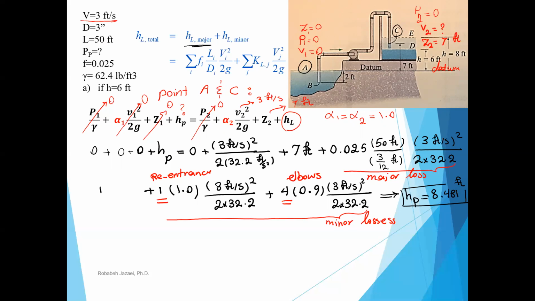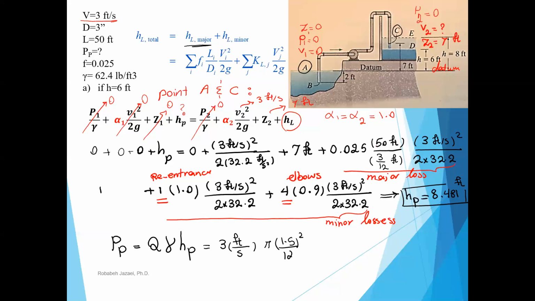What the question asked was power for pump. So I'm going to find the power for pump, which is Q gamma head for pump. I know the velocity, but I don't know the flow rate. Anytime I need flow rate, I just need to multiply velocity by the cross-section area. So V is 3 feet per second, multiplied by the area, which is pi radius squared.